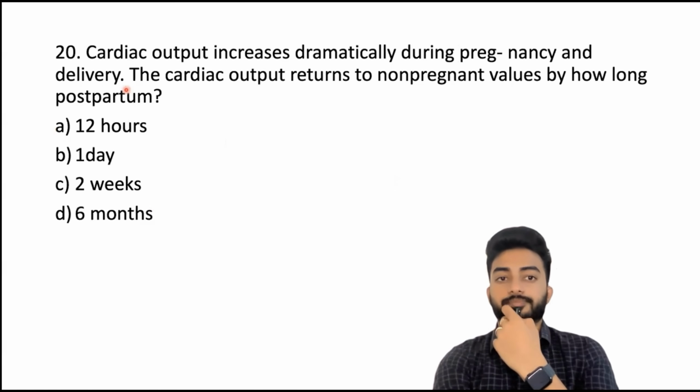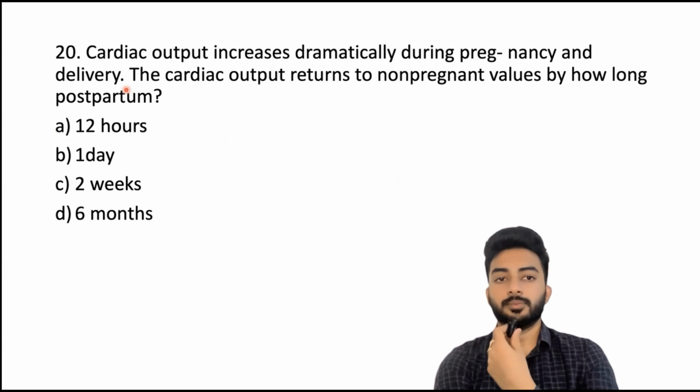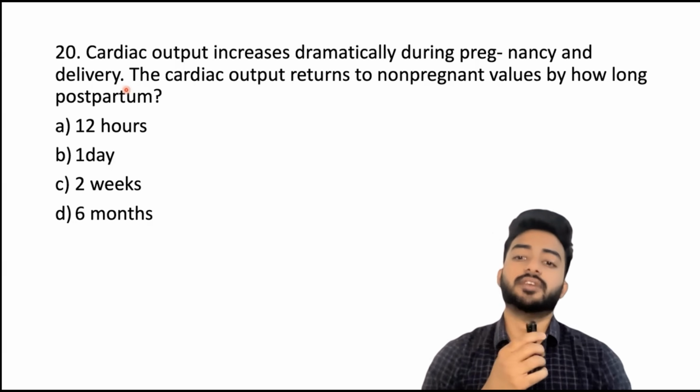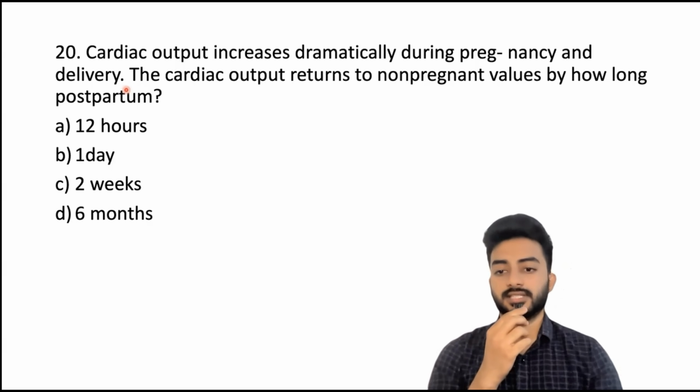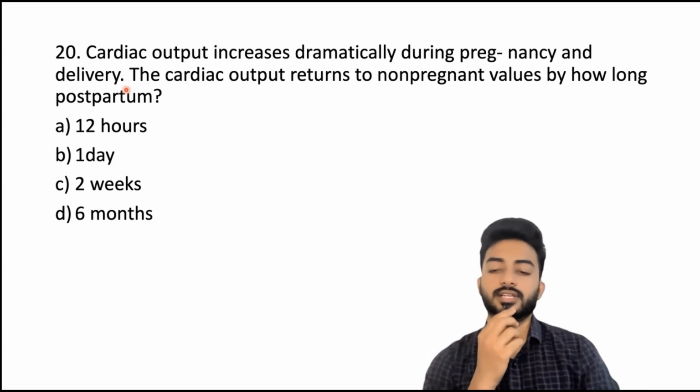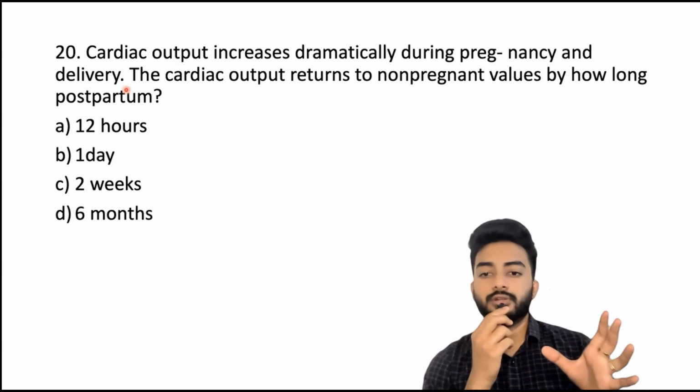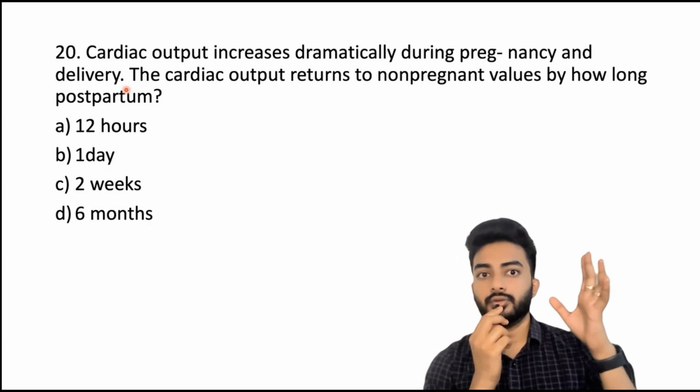Question number 20. The cardiac output increases dramatically during pregnancy and delivery. The cardiac output returns to the normal non-pregnant values by how long postpartum? So one question which we have discussed in our obstetric anesthesia MCQ marathon is, the cardiac output will be highest during which period?